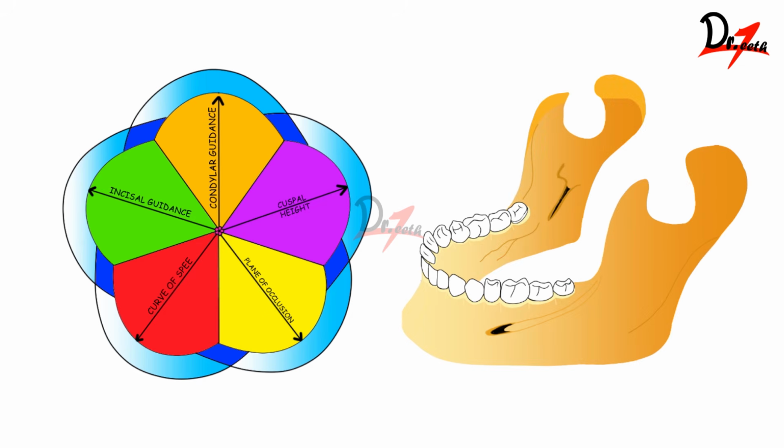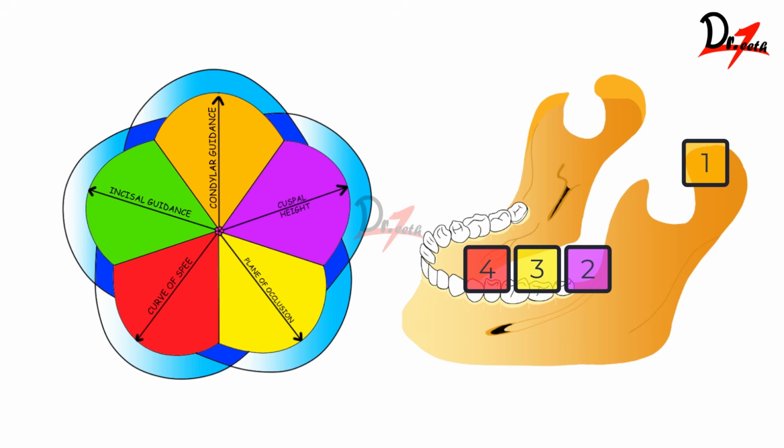This is the side of the mandible. So first will be condylar guidance, second will be cuspal height, third is plane of occlusion, fourth is curve of Spee, and the fifth one is the incisal guidance. So we are going from posterior to the anterior just to have a sequence and memorize this.